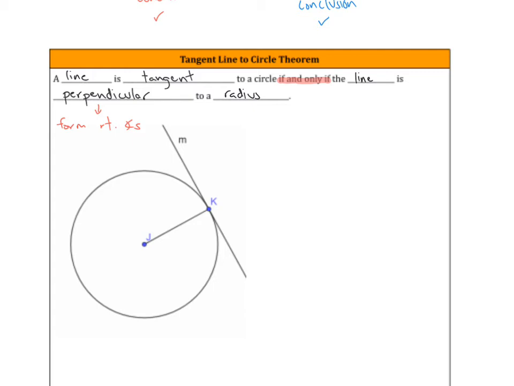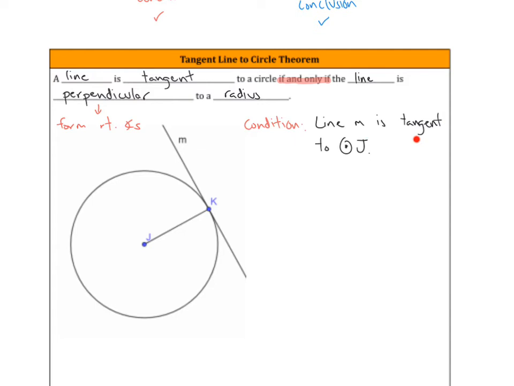So here's what's going to happen. The condition is that line M is a tangent to circle P, to circle J, excuse me. So here's what I mean. In the problem, they might tell you that a line is tangent to the circle. So this is the condition, and it has been met.